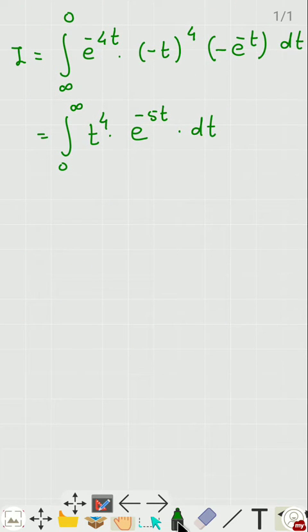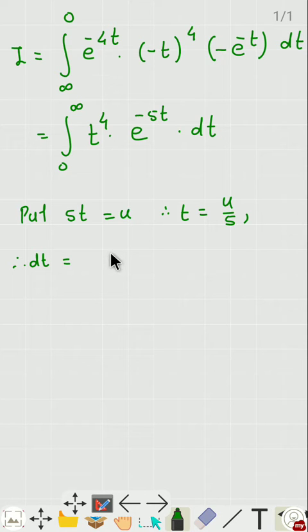Okay, so we use a substitution again. Put 5t equal to u, therefore t is equal to u upon 5, and therefore dt is equal to du upon 5.